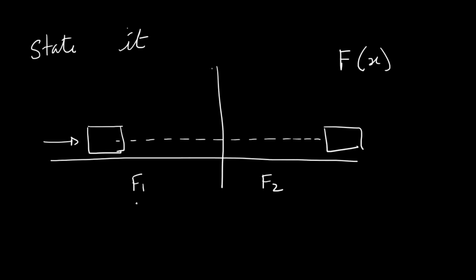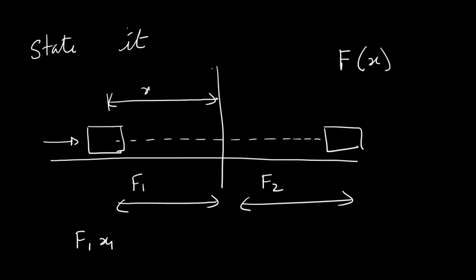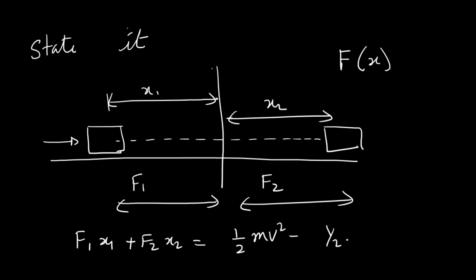In which case the work done will be defined as F1 x1, and this is x2. So F1 x1 plus F2 x2 will be equal to the final kinetic energy minus the initial kinetic energy.